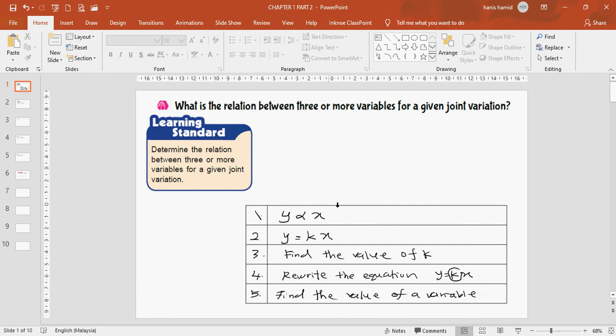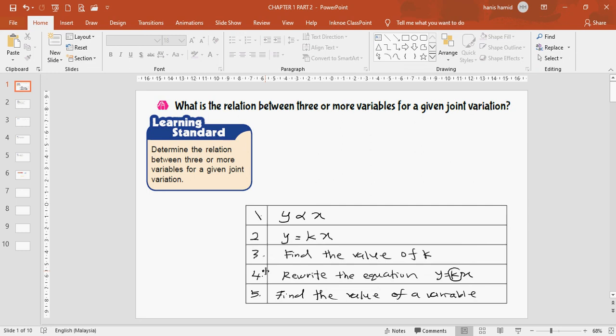For some questions, maybe it will ask you to write the relationship only. So for that case, you can stop at step 1. If the question asks you to write the relationship in the form of equation, you must do all the steps until step 4, because when you want to write the equation, you must know the value of k, the constant.